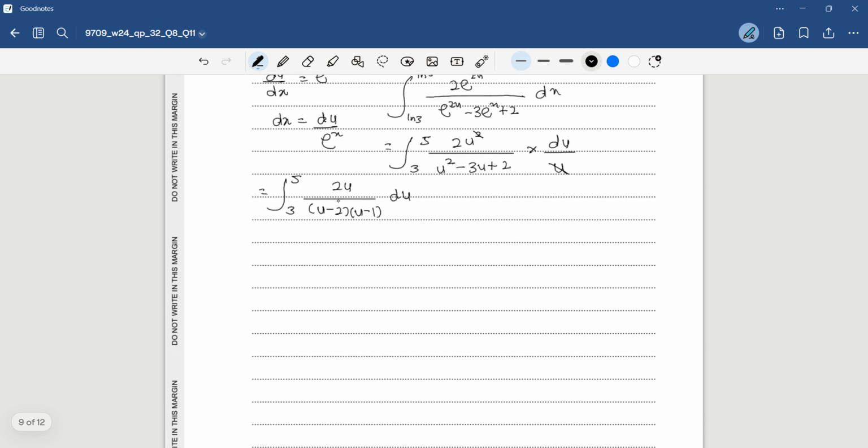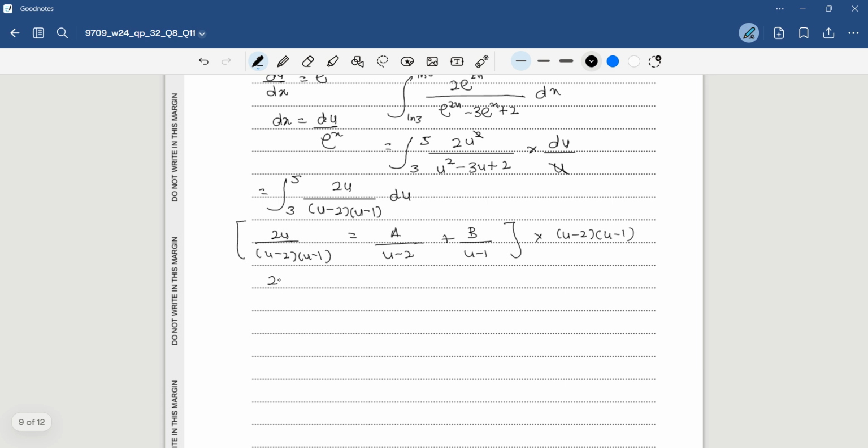So I can use partial fractions for this. 2u over (u minus 2)(u minus 1) is going to be A over u minus 2 plus B over u minus 1. So you multiply everything by (u minus 2)(u minus 1).